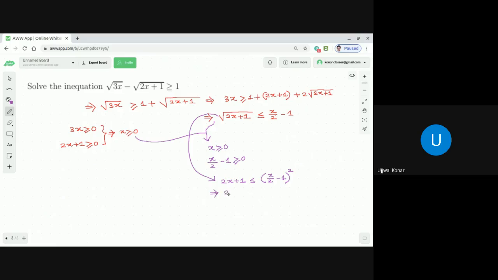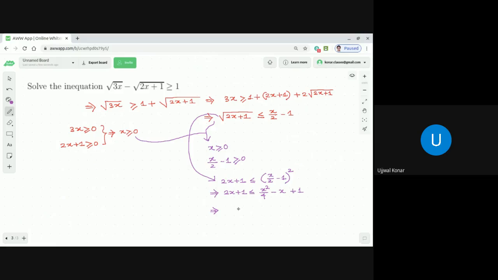So what we get? 2x plus 1 is less than or equal to x square by 4 minus x plus 1, correct, dear students? So from here what are we going to get? If you see from here, x square, here we will get 3x, 2x minus x here.